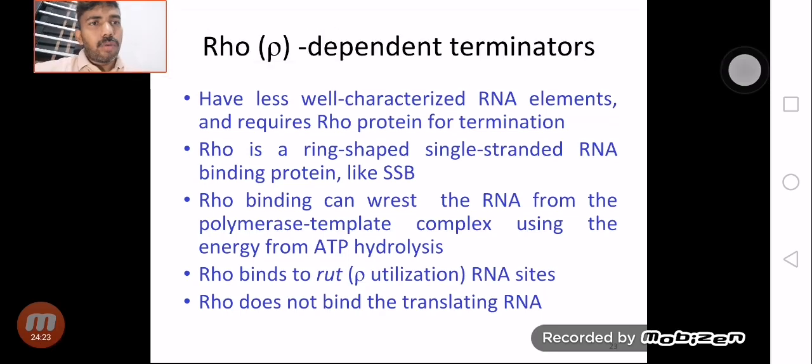Now the rho dependent process, in which there is a rho protein involved. Rho protein is a unique protein with an ATPase activity and a helicase activity, which can interact with single stranded molecules like RNA, and they interact usually with a specific sequence called the rut sequence, and this is nothing but the rho utilization sequence or rho utilization site in the RNA molecule, right?